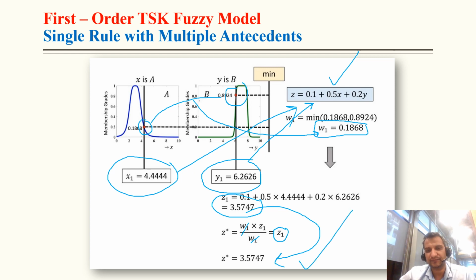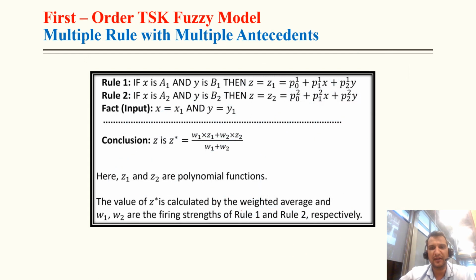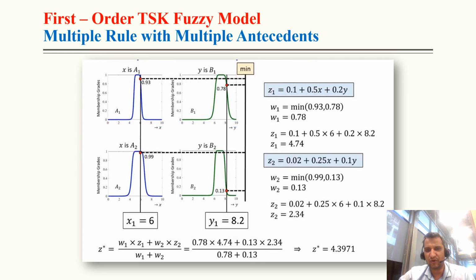In the same way, multiple rules with multiple antecedents, rule 1, and this is rule 2. Fact. And now I want to calculate the output when x is equal to x1 and when y is equal to y1. So the same procedure will be followed. Nothing so complex. So right now for rule 1, when x is equal to 6.1, the degree of compatibility is 0.93.